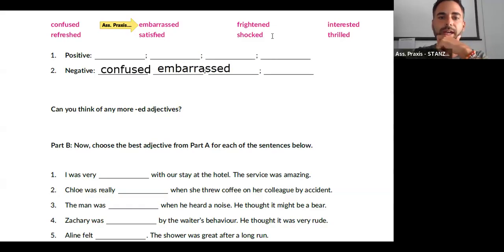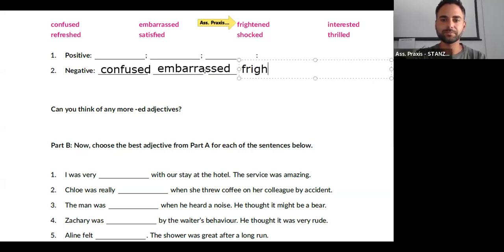Okay. Now we look at the next one, which is frightened. We saw these adjectives in the example sentences before. Frightened means spaventato. Is it positive or negative? Well, of course, negative. Frightened.